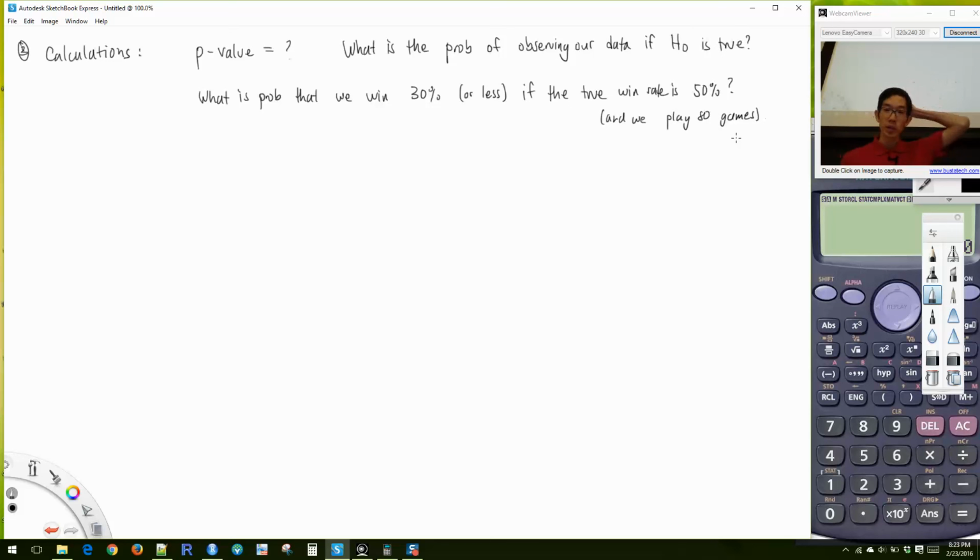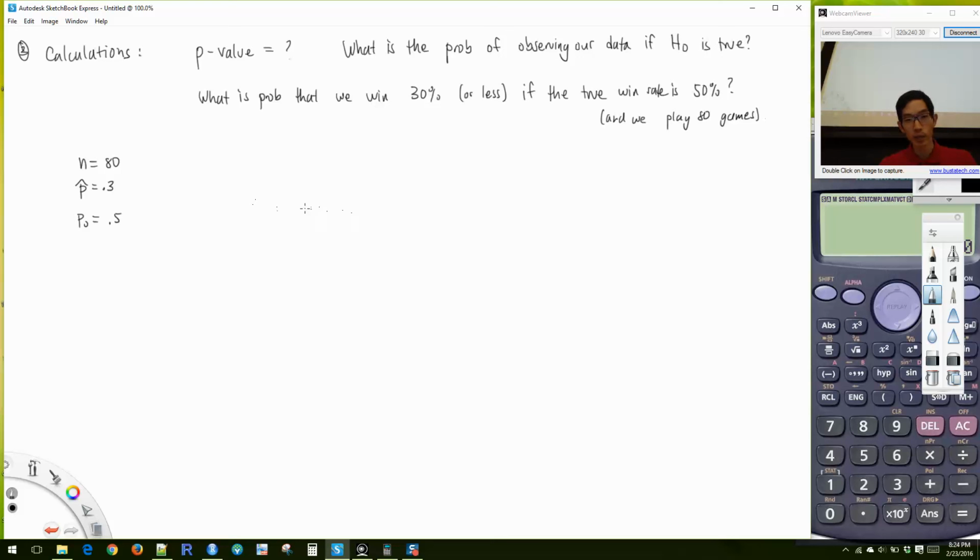So what we have is a problem like we did in chapter 7, or you had on your quiz. You have n equals 80, p hat is equal to 0.3, and here we have p0 equal to 0.5.